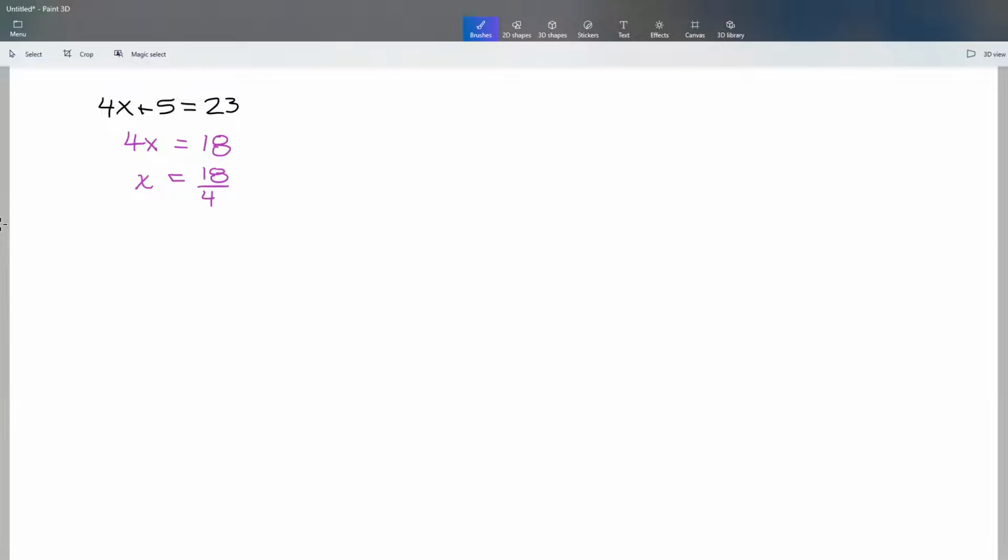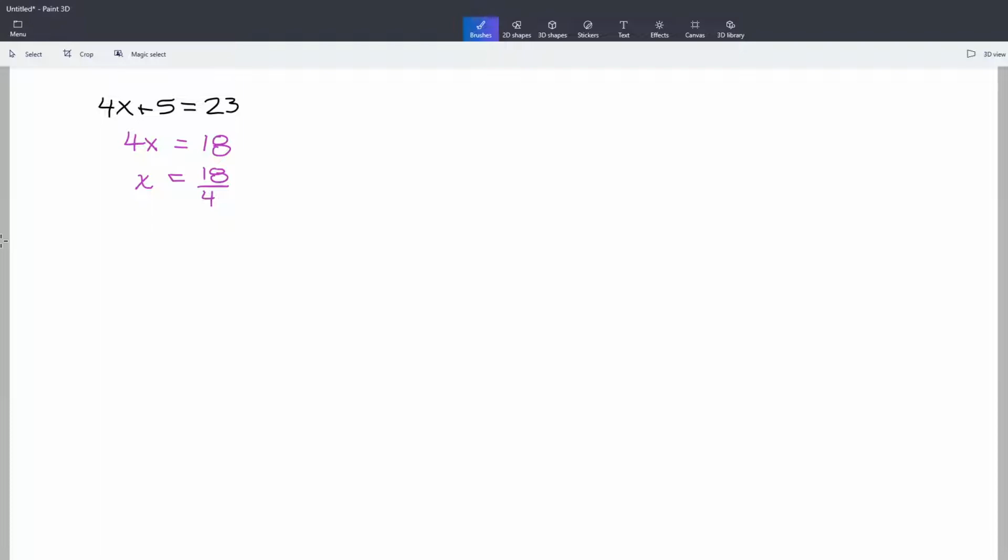Okay. Now, I wanted to point out that I am leaving my answer as a fraction, and in general, this is something that I want you guys to do. So it is my preference that you would leave your answers as fractions as opposed to turning them into decimals, okay? But what you should notice about this fraction is that it isn't reduced, right?